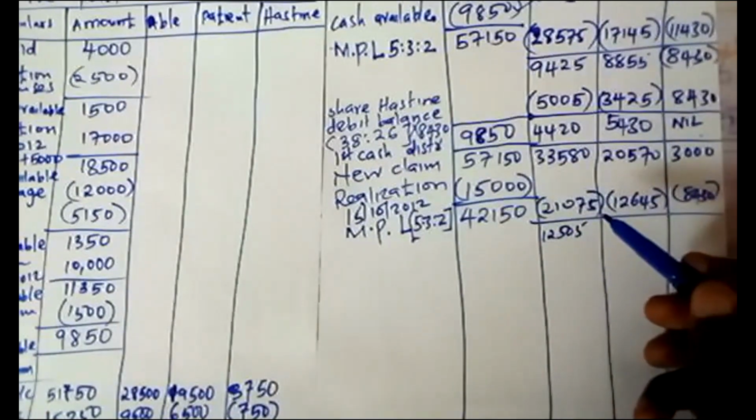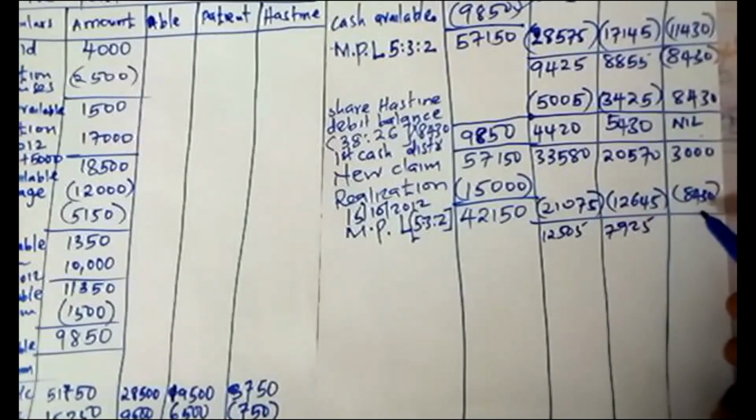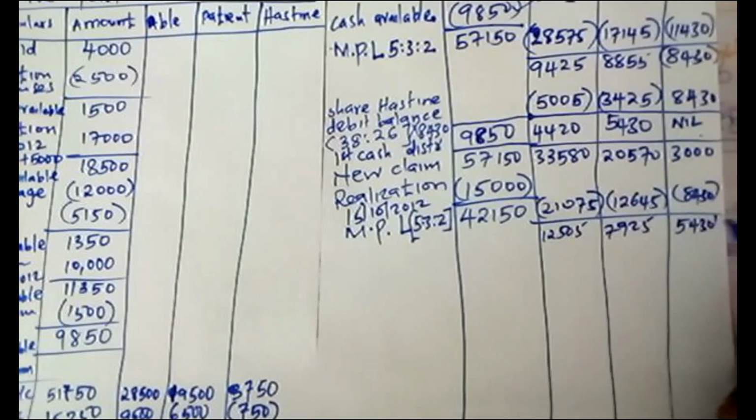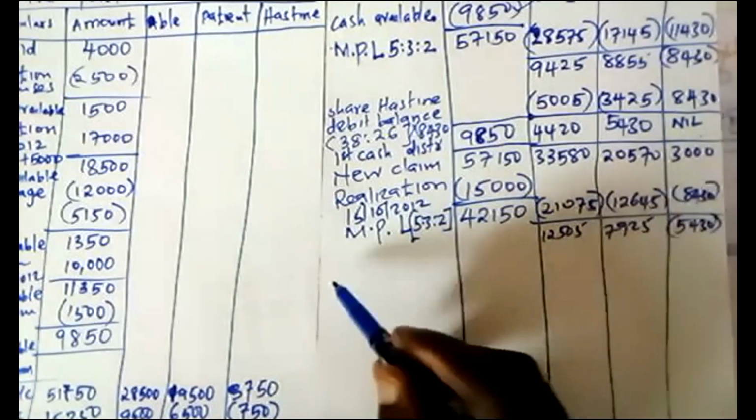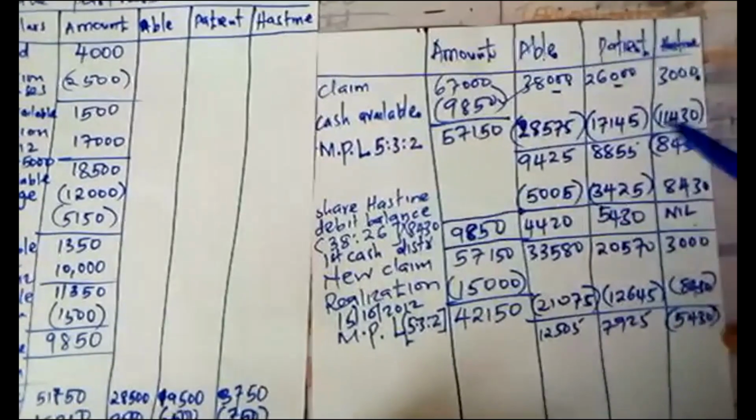Then the next one is supposed to be 79.25. Then the last one is 54.30. Which means that Hastings again is insolvent. So the two partners who are solvent, Able and Patient, will share the 54.30 using the capital ratio before dissolution, the initial one.